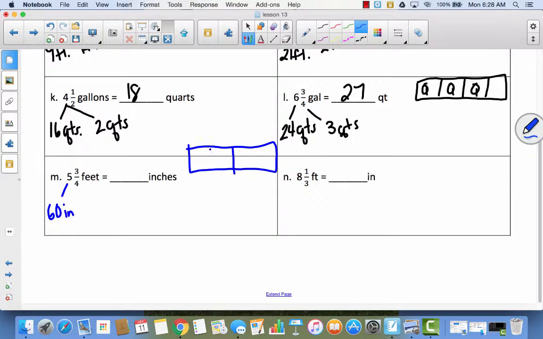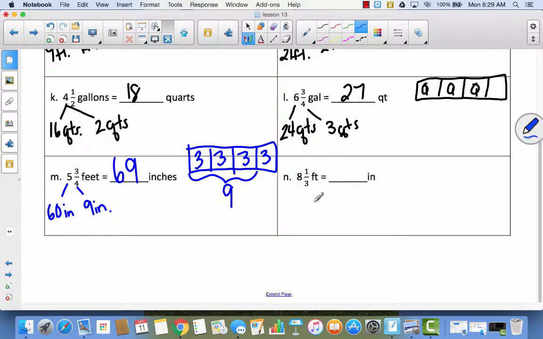If I had 12 and I divided it into 4 parts, how much would be in each part? 3, right? 3, 3, 3, and 3 make 12. So if I had 3 out of 4, that would be equal to 9. So 3/4 of a foot is 9 inches, and together that equals 69 inches.